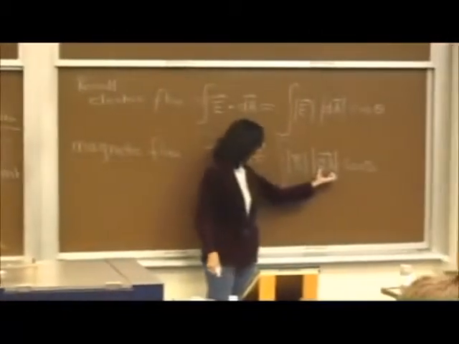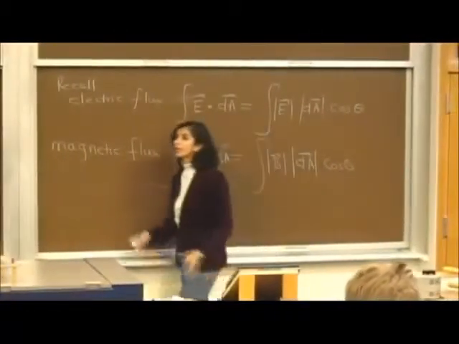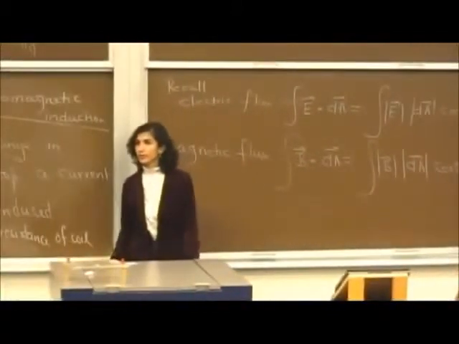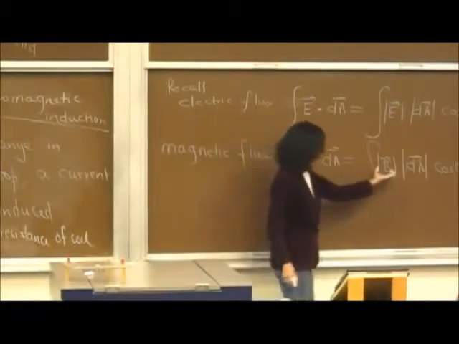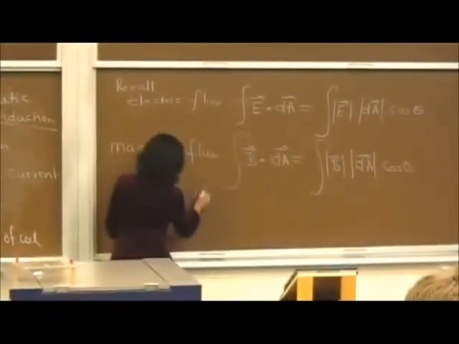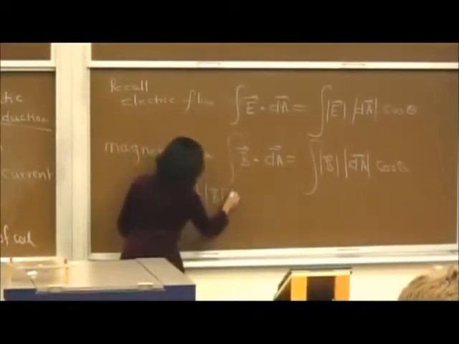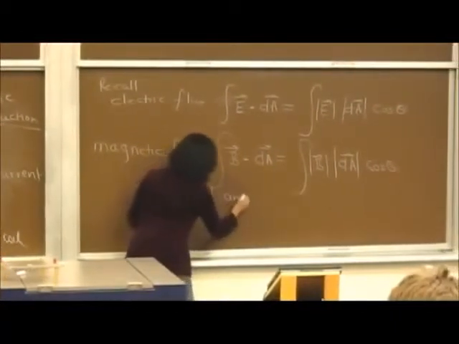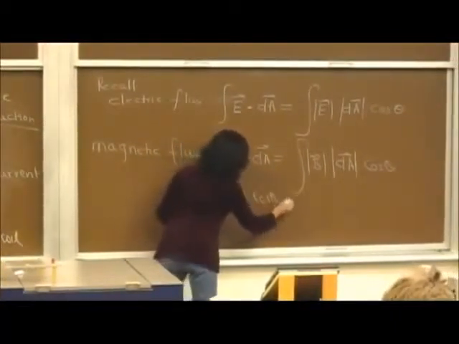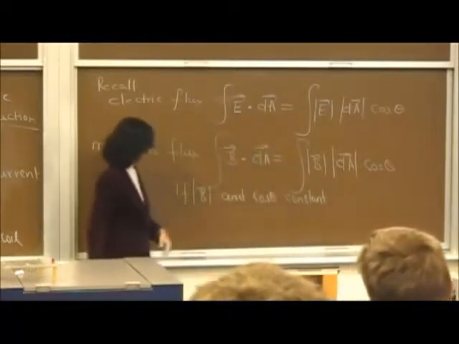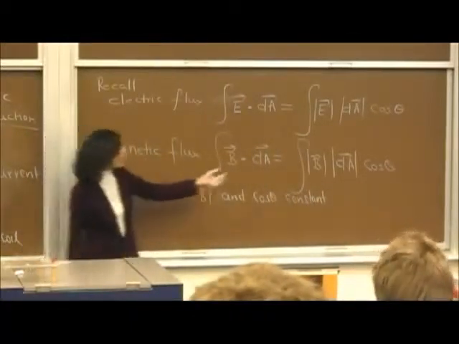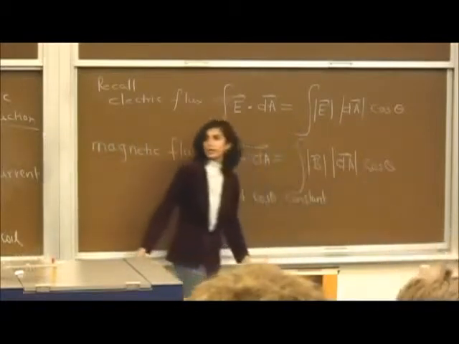It depends upon the magnetic field, it depends upon the area vector, and it depends upon cosine of the angle between the two. Doesn't it? So suppose the magnitude of B is constant, and let's say cosine theta is constant, because the surface is flat, then can I pull B and cosine theta out?